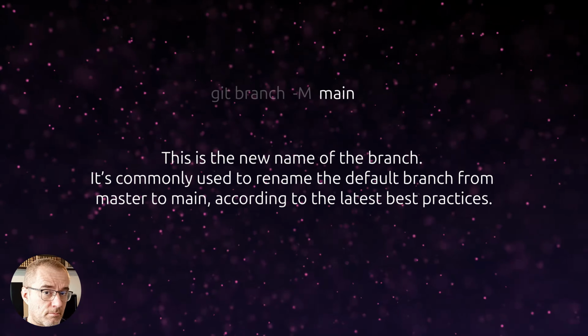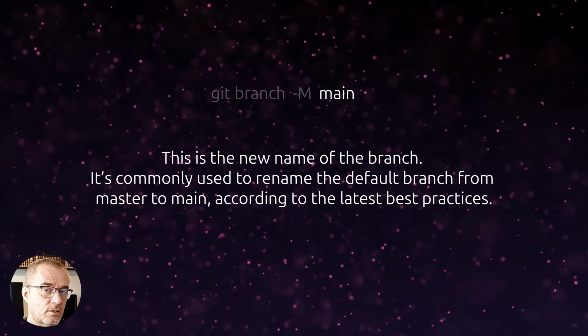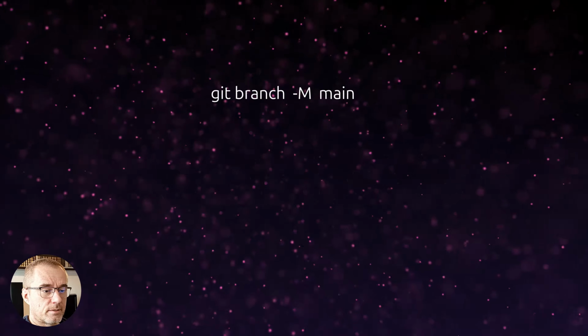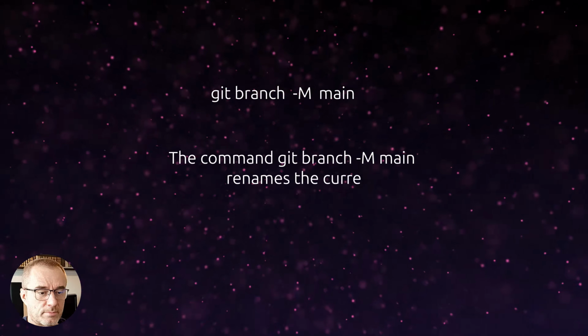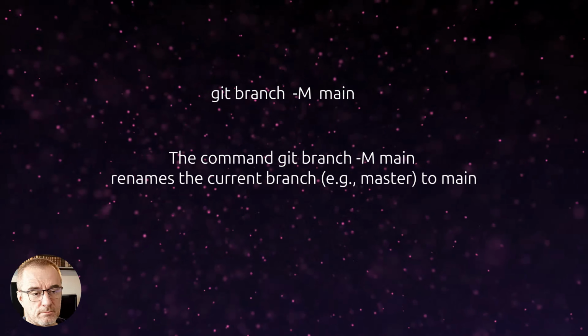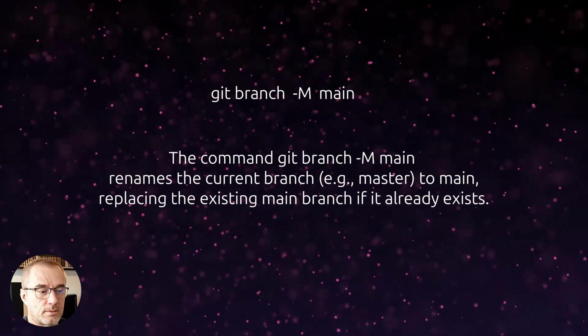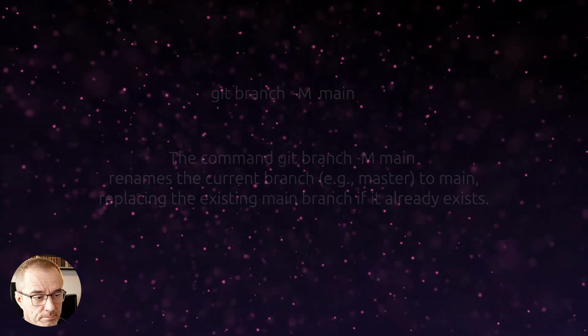And this main branch will have the production version of our application. Summary. The command git branch -M main renames the current branch, for example master, to main, replacing the existing main branch if it already exists on GitHub.